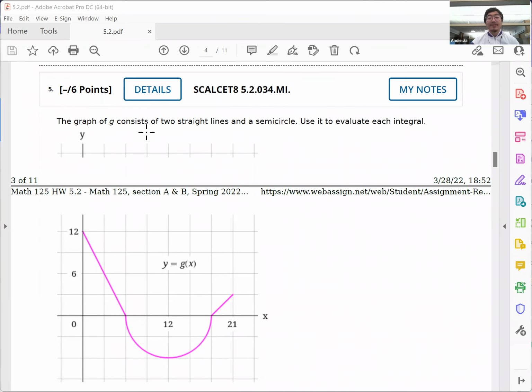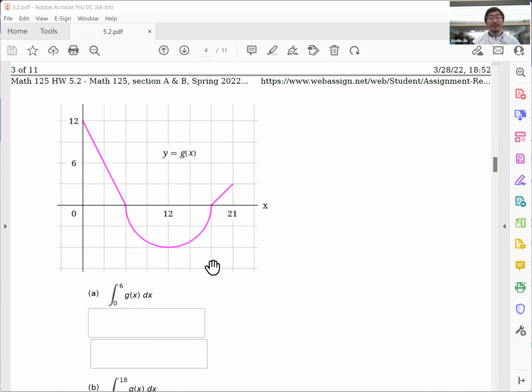And number 5, it is a net area. The only warning for this graph is that it is from x equals 6 to 18. This semicircle is under the x-axis. So its area is positive, but since it is under the x-axis, it is negative.